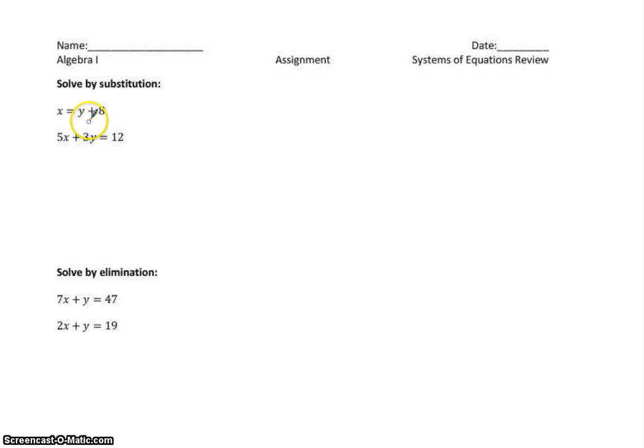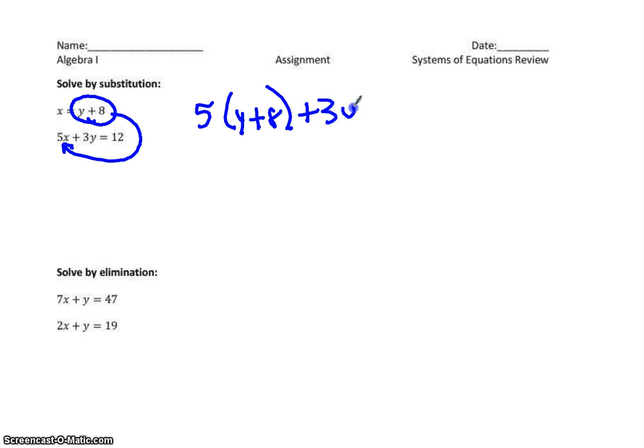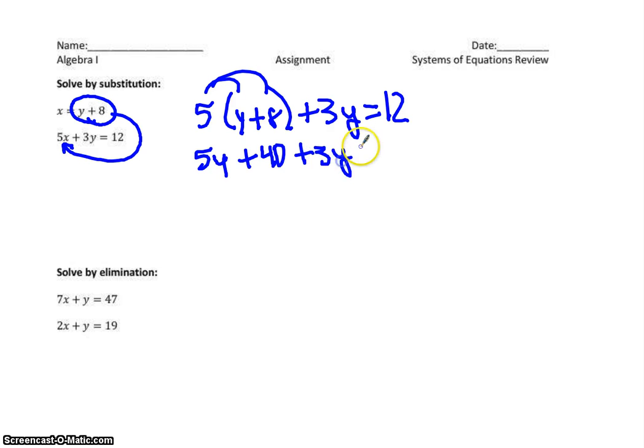Solve by substitution. X was by itself, so this is going to substitute in for x. So 5 open, y plus 8 close, plus 3y equals 12. Distribute your 5 and you get 5y plus 40 plus 3y equals 12. 5y plus 3y is 8y plus 40 equals 12.